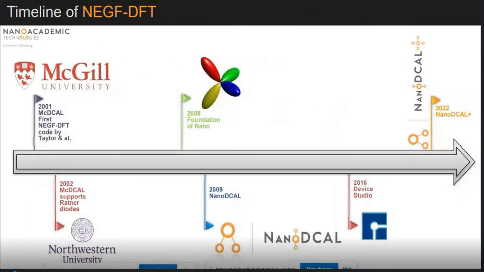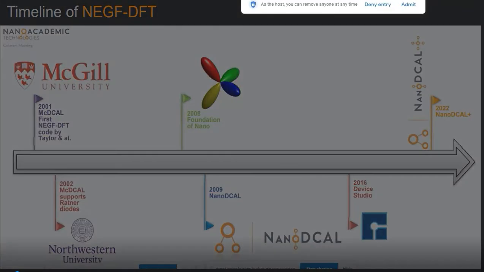If we talk about how the software journey started, it was basically started in 2001, when the quantum transport code, the NEGF-DFT code, was patented by Dr. Taylor in 2001.